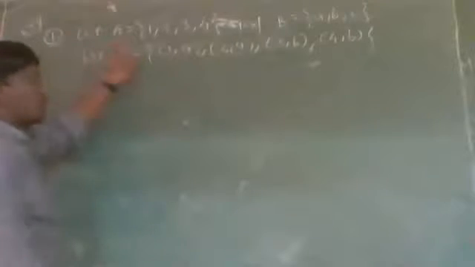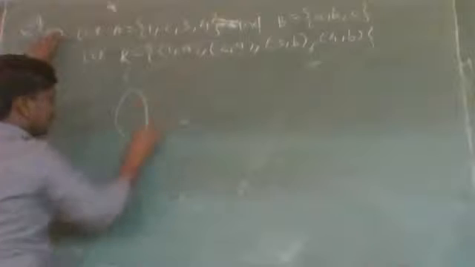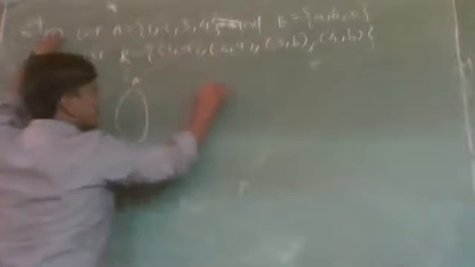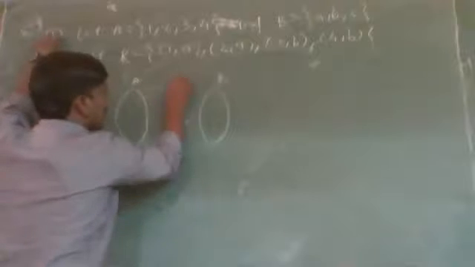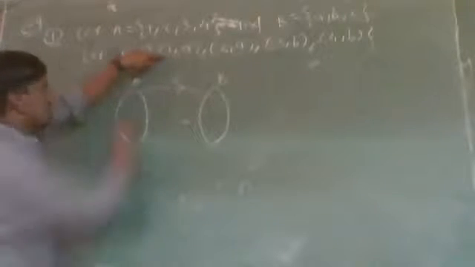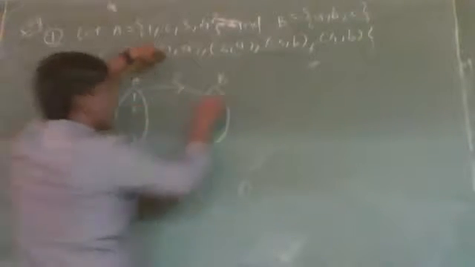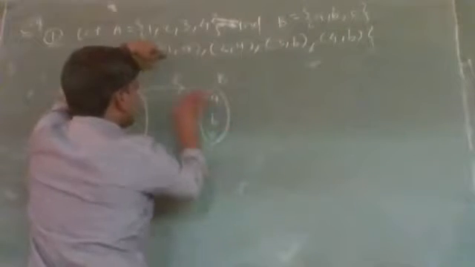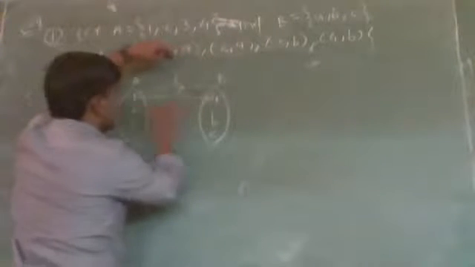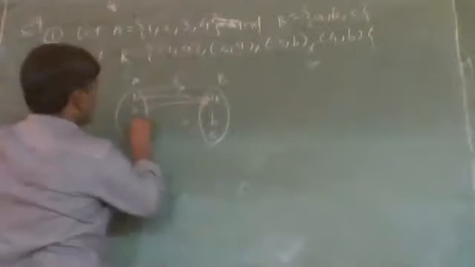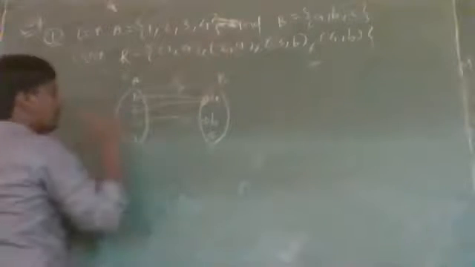Now we have to check whether this R is a function or not. First, let us draw its diagram. This one is the set A, and this one is the set B, and F is a function from A to B. Here 1, 2, 3, 4 and A, B, and C. Now F of 1 is A, F of 2 is A, F of 3 is B, and F of 4 is again B.